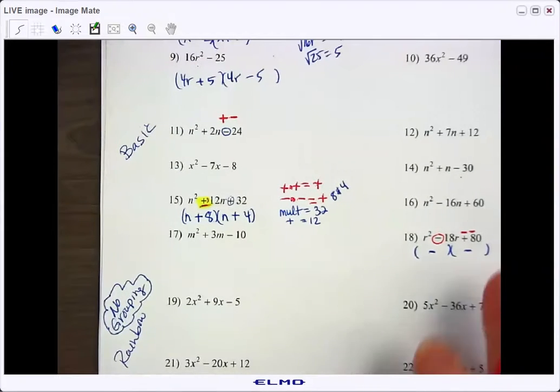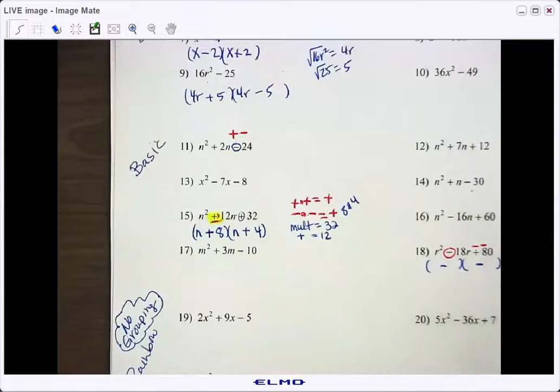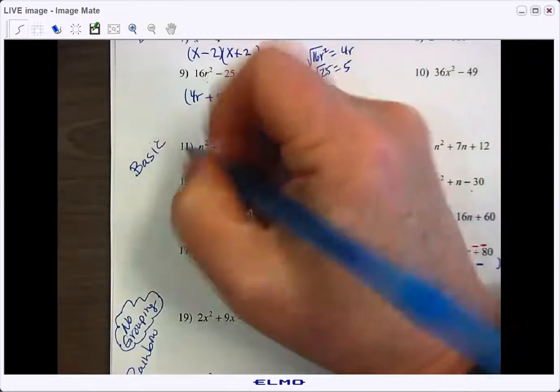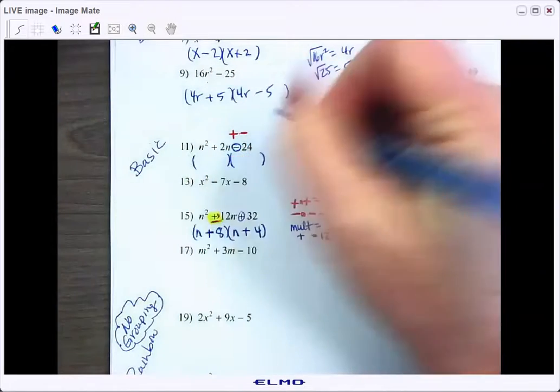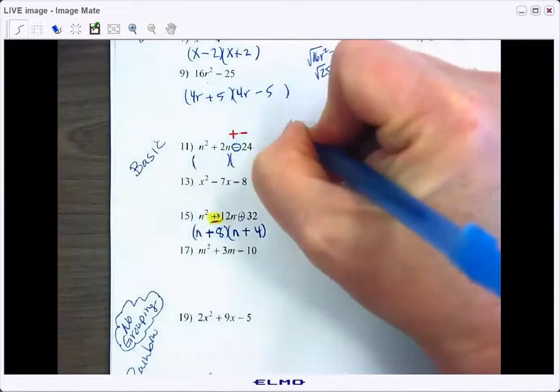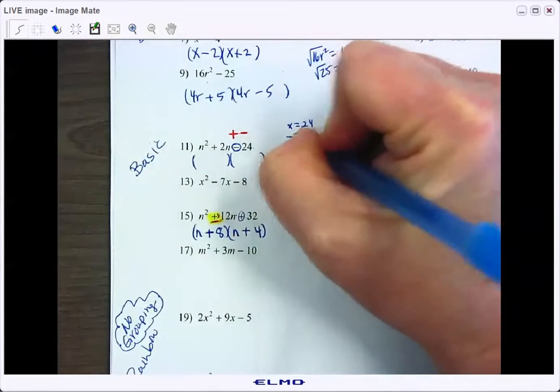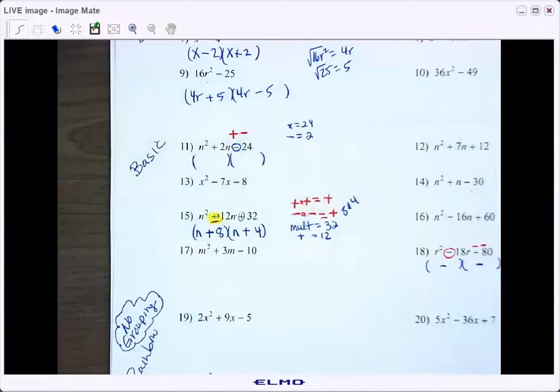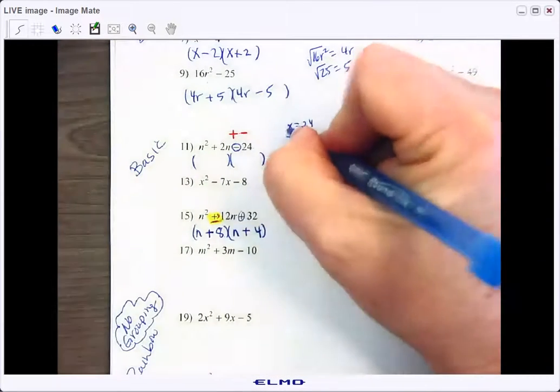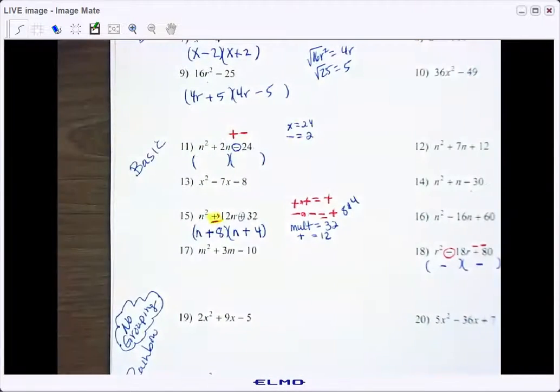Because you don't know which one goes with which yet. So now here, I want the factors of 24 to multiply to equal 24 and subtract to equal 2. So what do you think? Multiply to give me 24 and subtract to give me 2. Good.